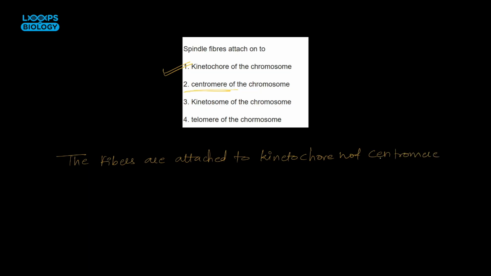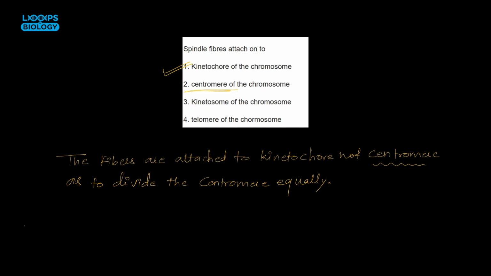Why is this happening? Because there should be equal division of the centromere, so the fibers do not attach to the centromere, so as to divide the centromere equally. Alright.